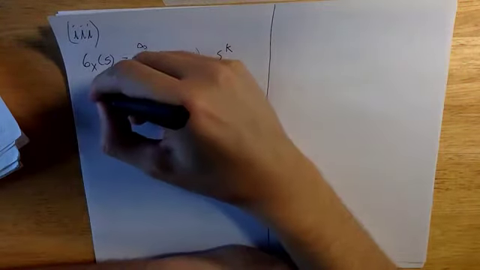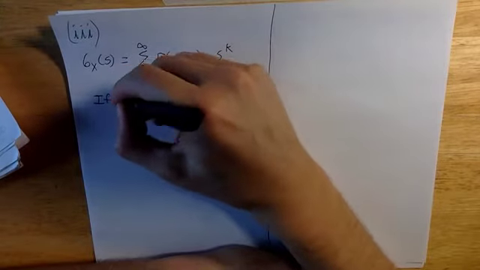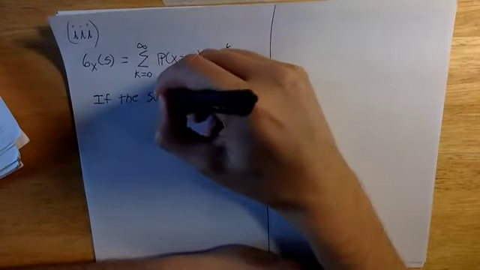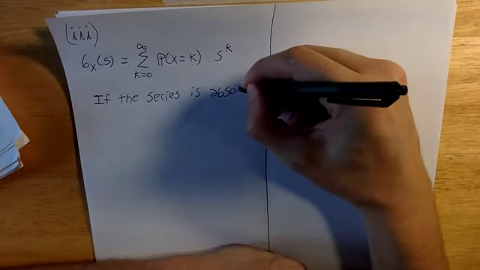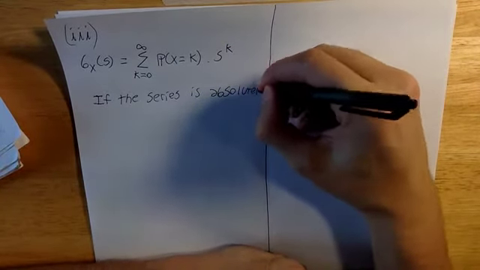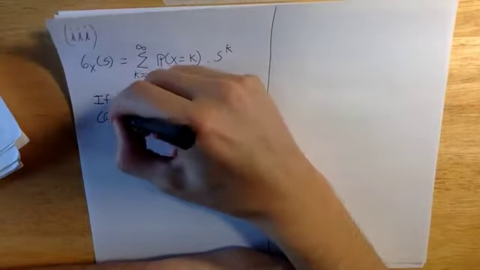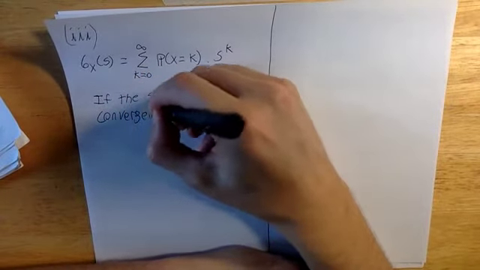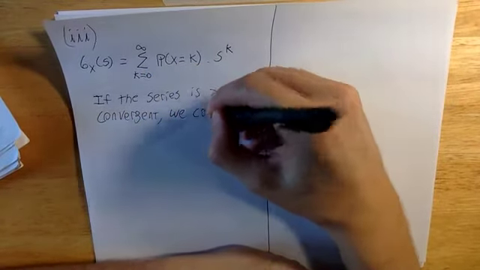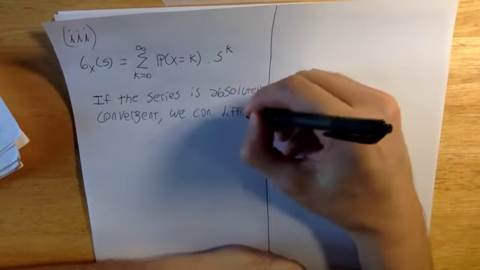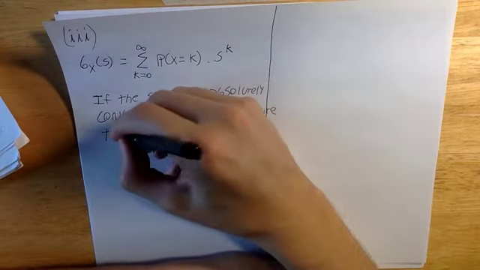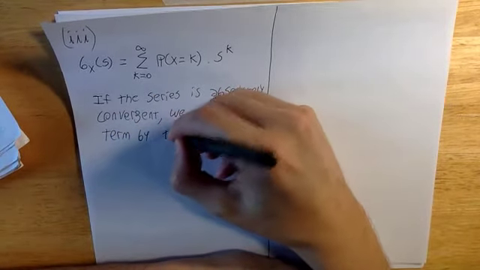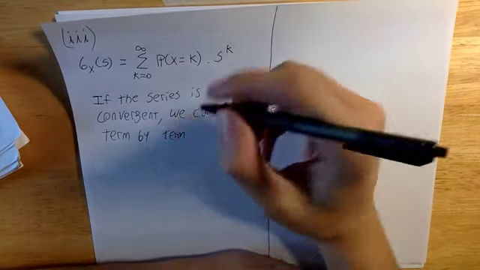Now, if the series is absolutely convergent, we can differentiate term by term. So what do I mean?